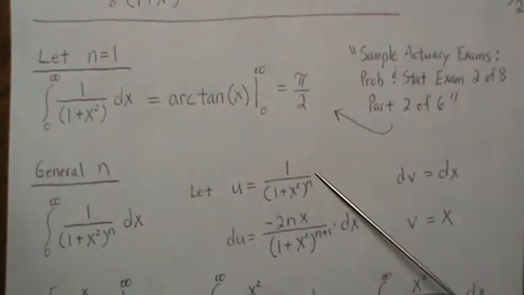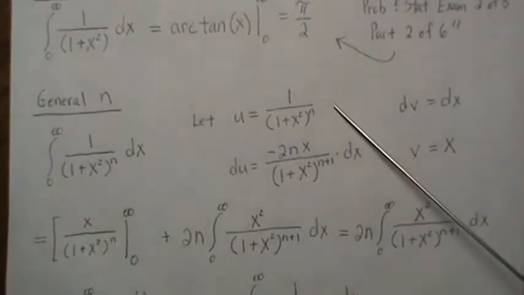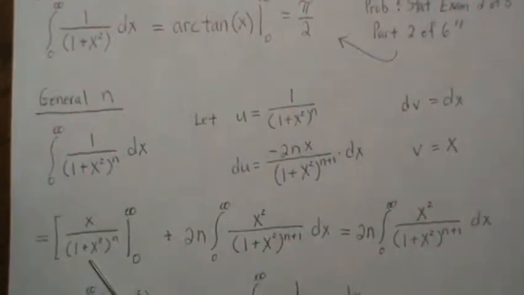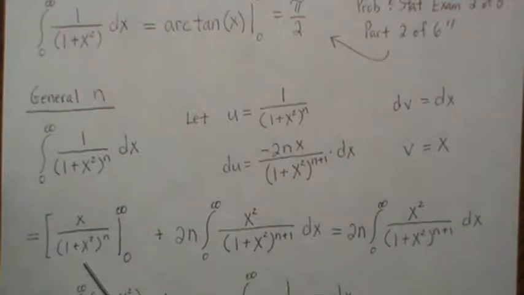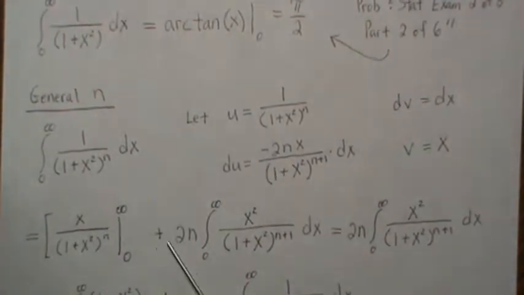Then we take this piece and then this piece. So the first one is this, and this is what we get. And then it's minus this times this, but the minus makes that a plus. The 2n comes out front. x times x is x squared, and we get this 1 plus x squared raised to the n plus 1.